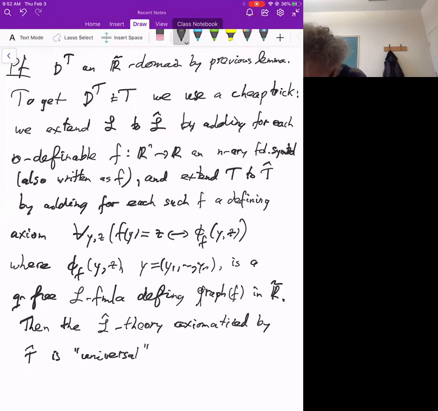I mean, it has an axiomatization by universal sentences. We simply forced this.